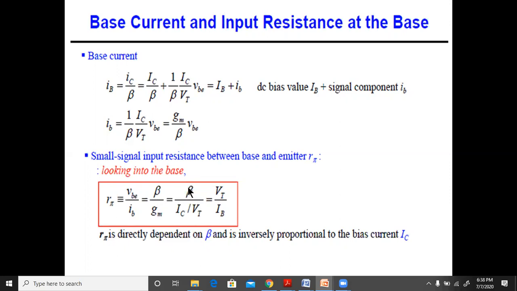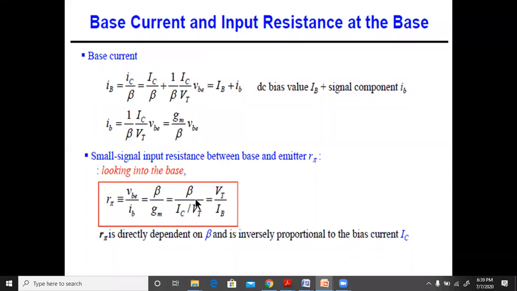Sometimes in the numericals we might use beta VT by IC, because the denominator of the denominator will go to the numerator. So r pi is directly dependent upon beta and inversely proportional to IC.